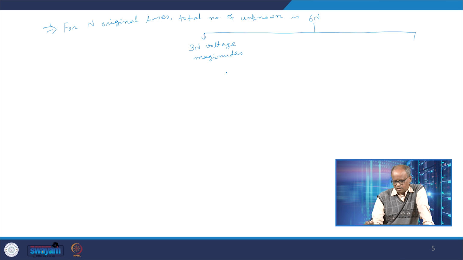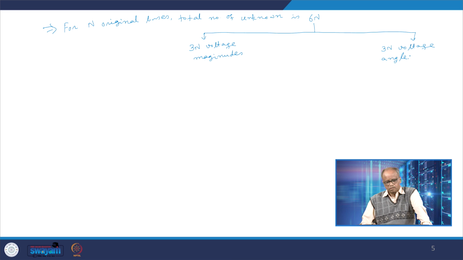And these are 3n voltage angles. What are these voltage angles? Essentially the voltage angle at every bus at every phase. So if there are n buses, then for each bus there are 3 voltage magnitudes corresponding to phases ABC, and also 3 voltage angles corresponding to phases ABC.